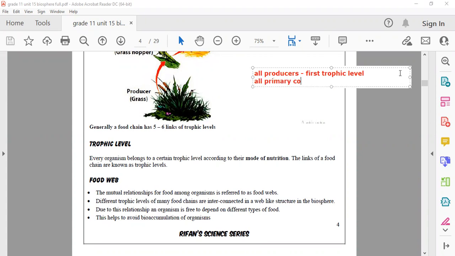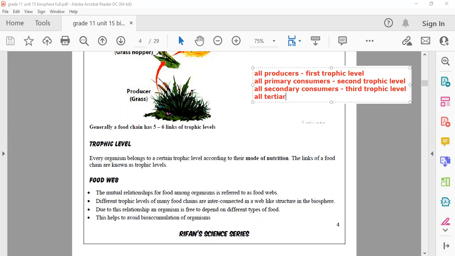All primary consumers come to the second trophic level. All secondary consumers come to the third trophic level. All tertiary consumers come to the fourth trophic level.